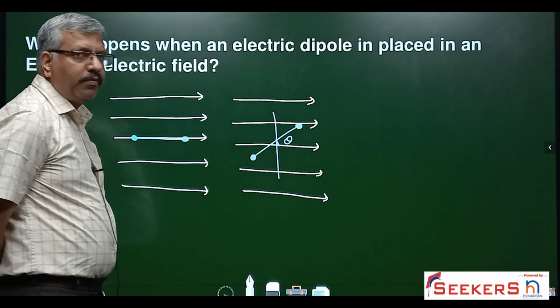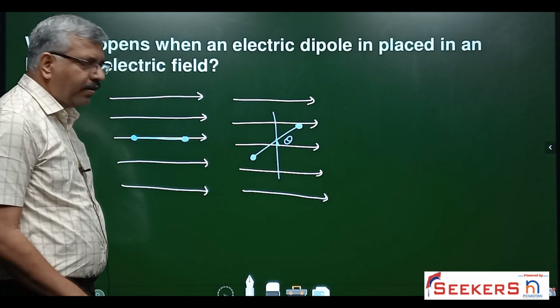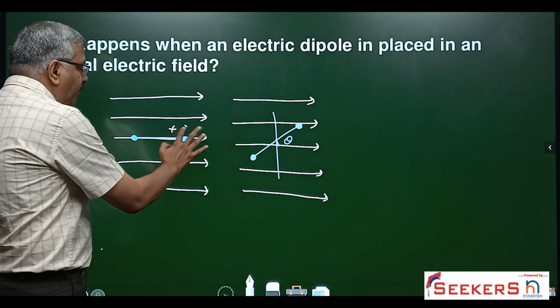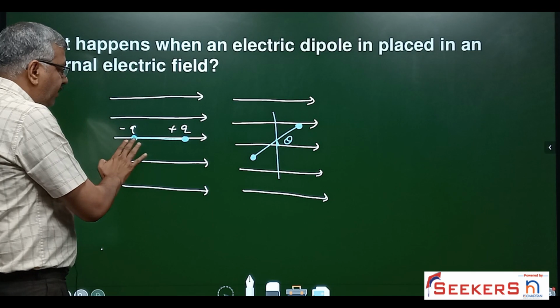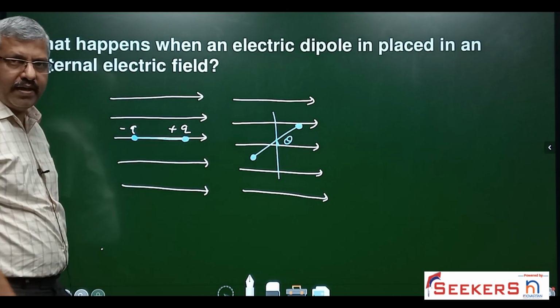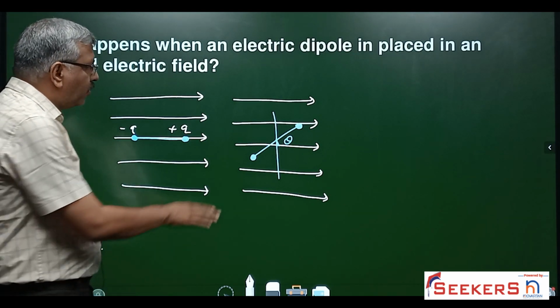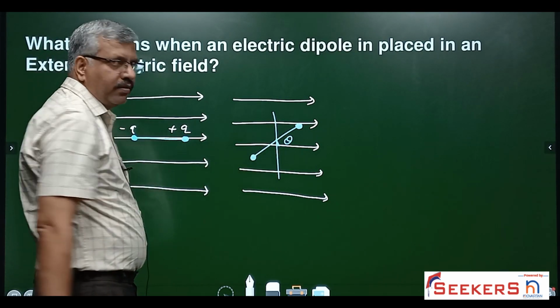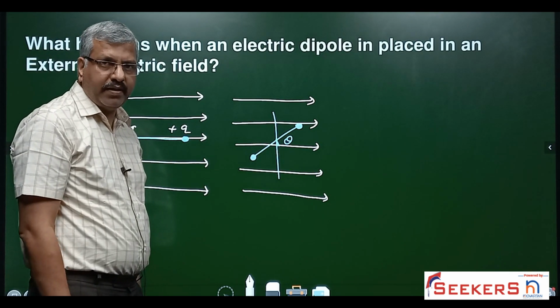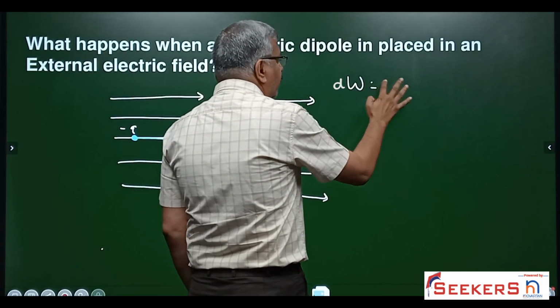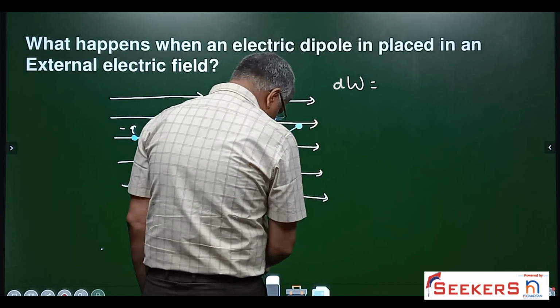So, I was telling you about the work done in moving a dipole. Initially, if you leave a dipole in an external electric field, it will orient itself parallel to the electric field. So here the angle is 0. Now, suppose I want to turn the dipole by some angle theta. I have already explained that work done is equal to T d theta.